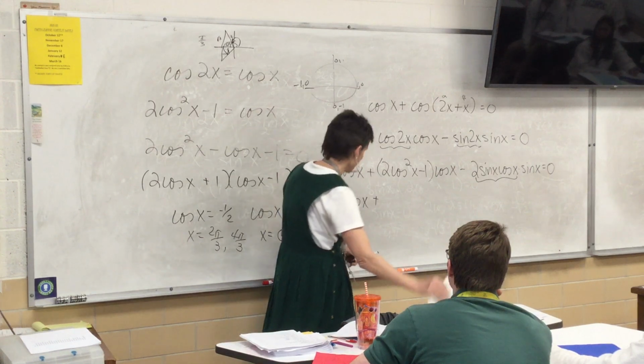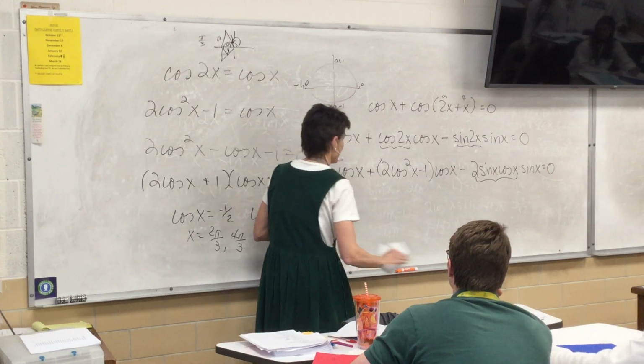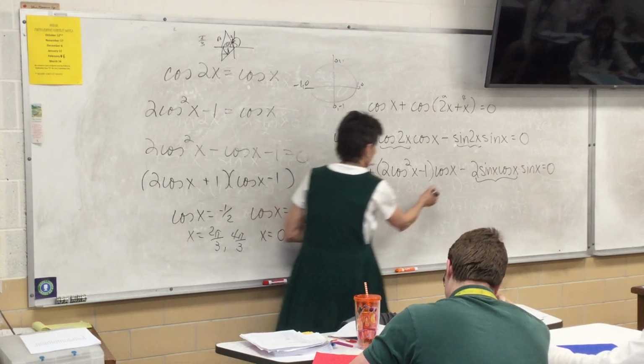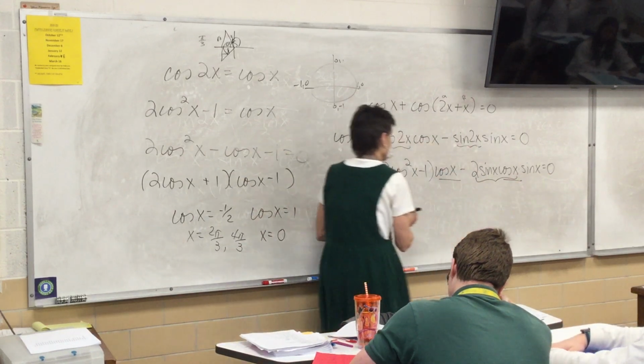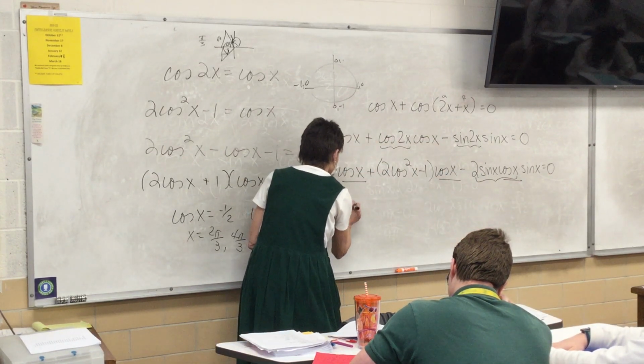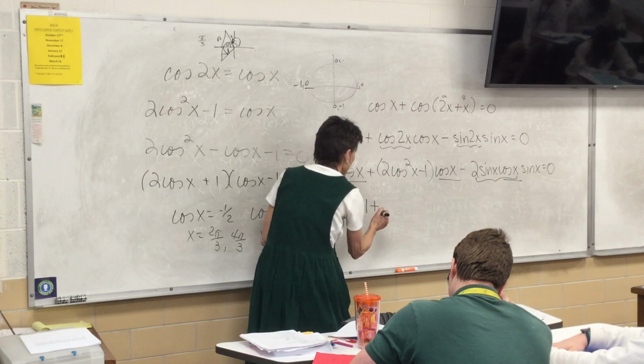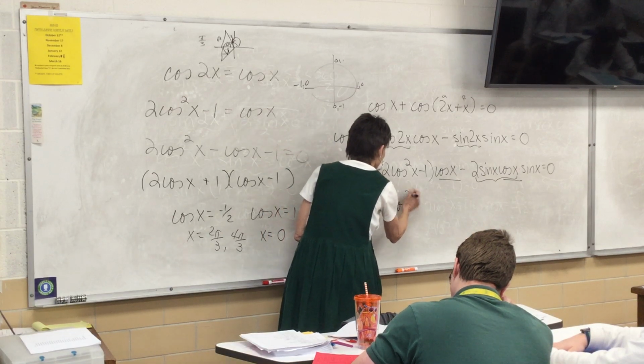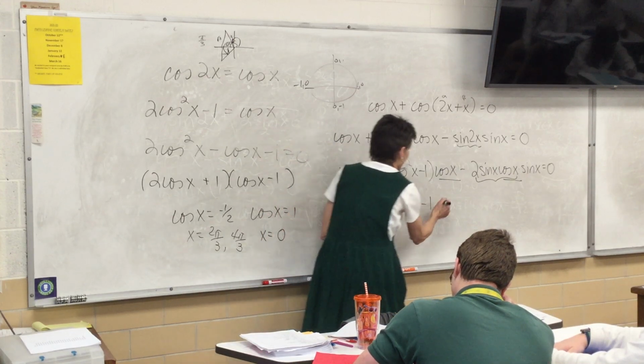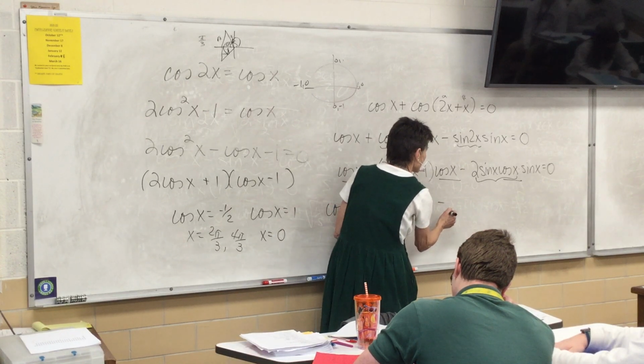We can take the cosine out now if you want. Somebody said factor out cosine, so I have one here, here, and here. If I pull it out, I'll have 1 plus 2 cosine squared minus 1 minus 2 sine squared.